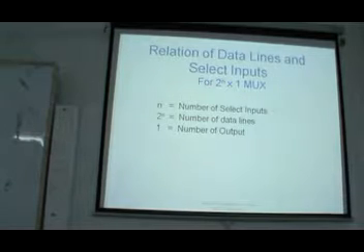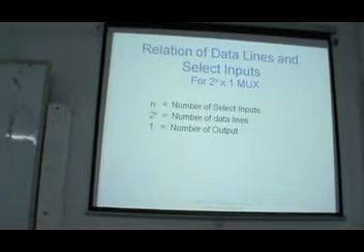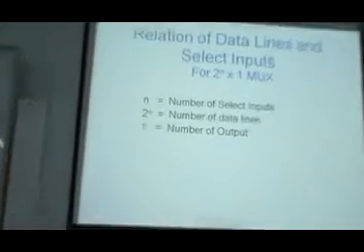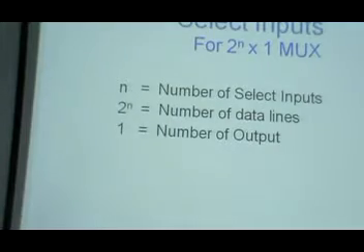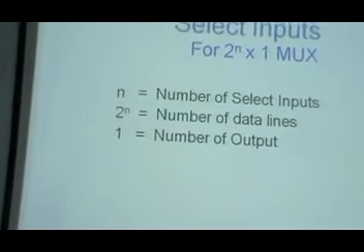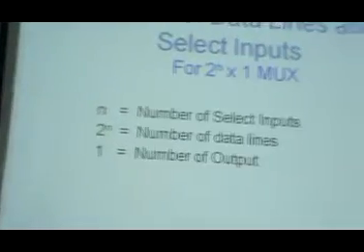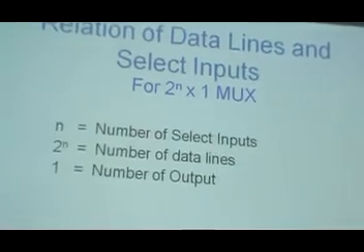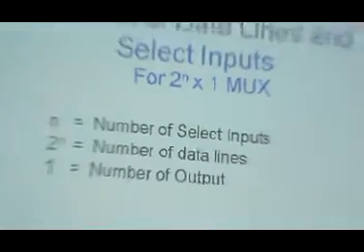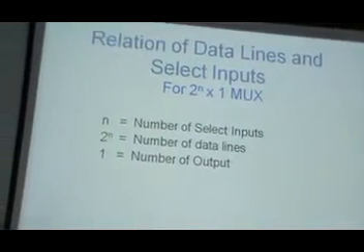This relation indicates that for a 2 raised to n to 1 multiplexer, small n is the number of select lines or select inputs, and 2 raised to n is the number of data lines. From this we can understand that the number of data lines will always be even, that is, in the form of 2, 4, 8, 16.